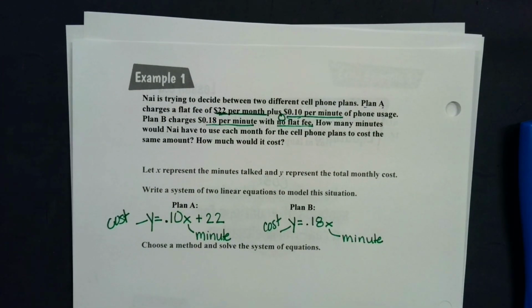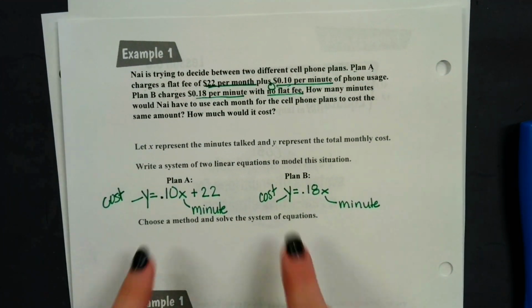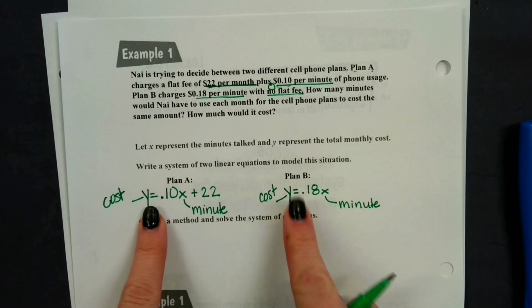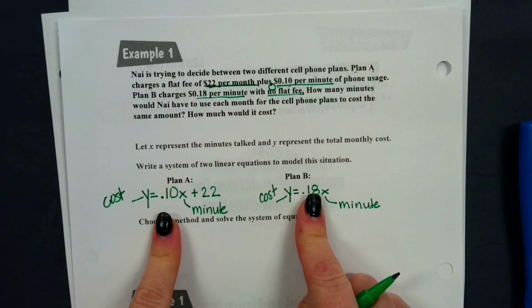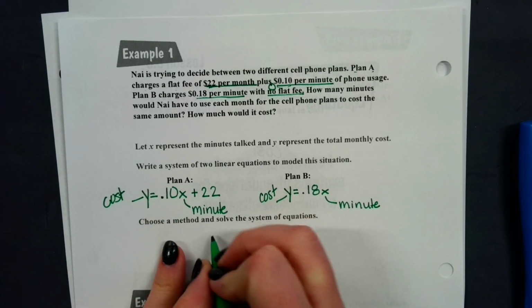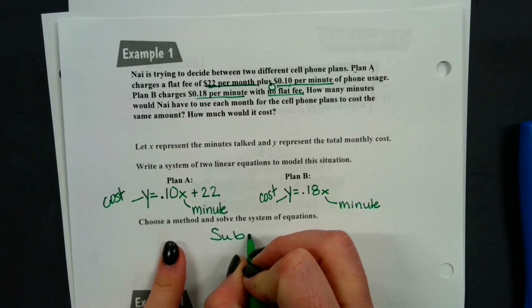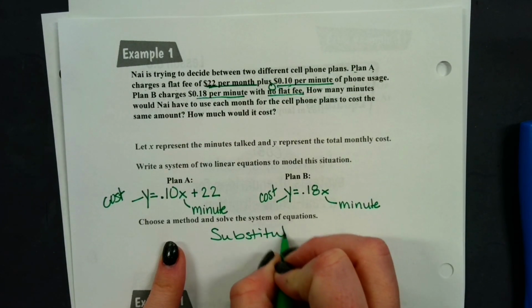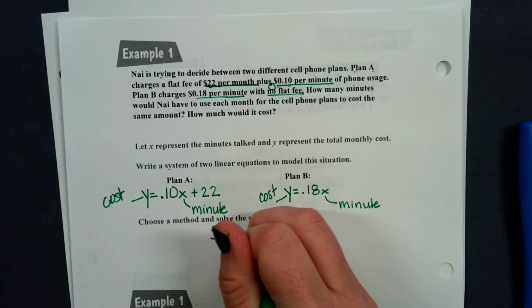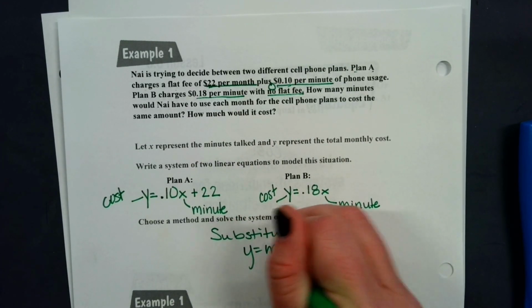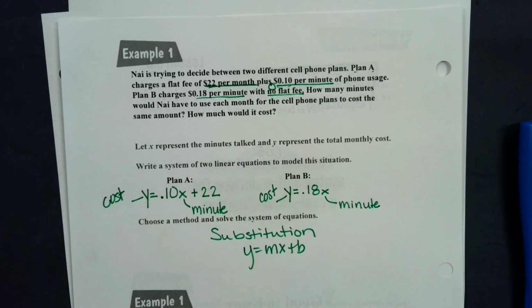Okay, now when they're like this, where they're both set equal to Y, does it make sense to eliminate? No. In this situation, I would say substitution. When it has the Y equals mx plus b, I would always use substitution.